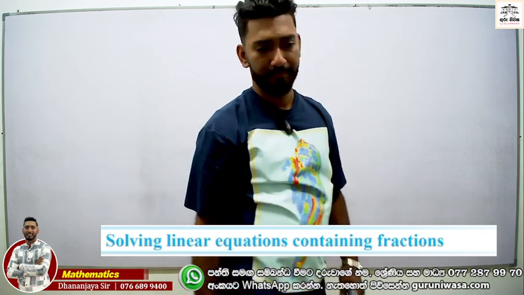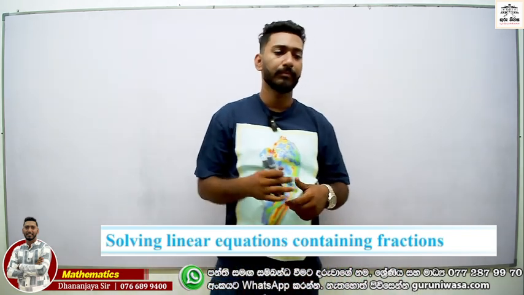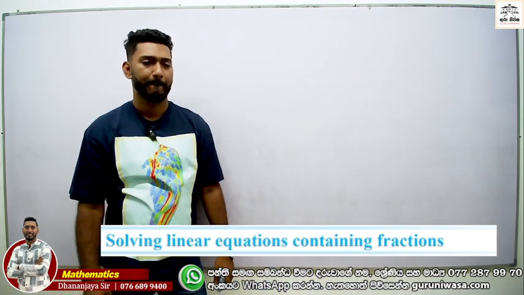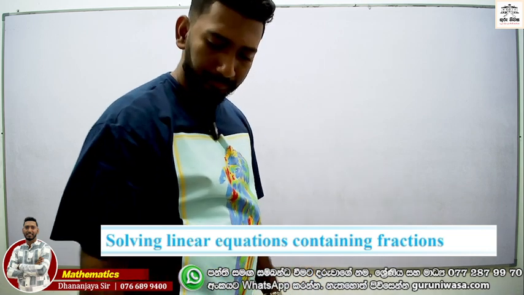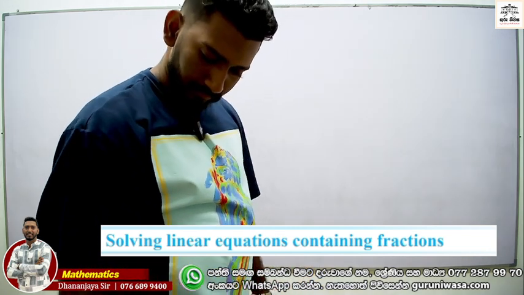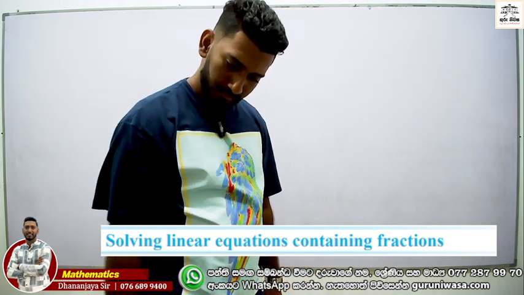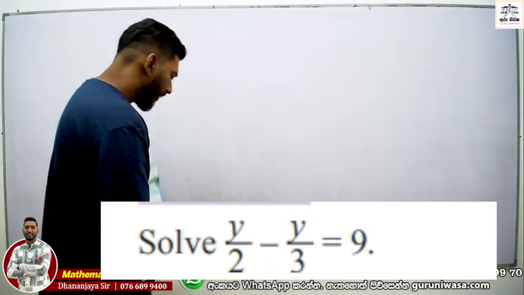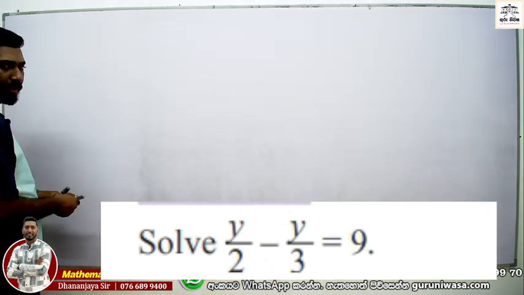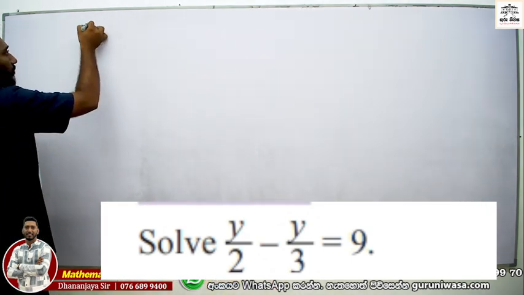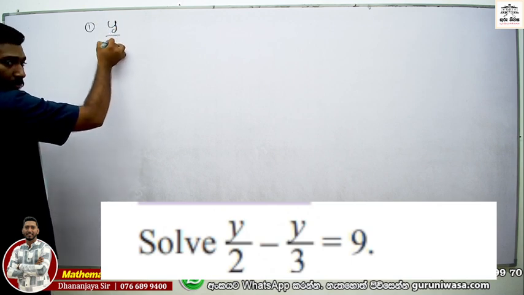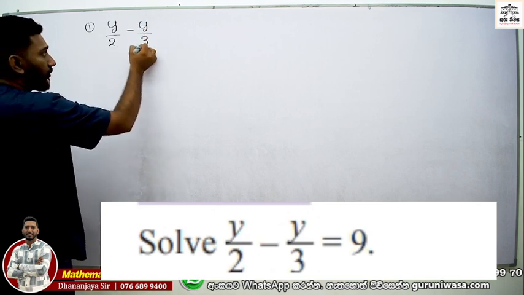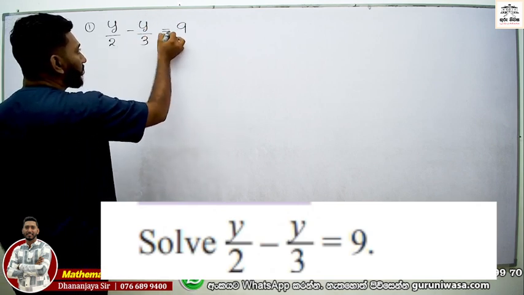Right. And this is example number 1. y over 2 minus y over 3 equals to the 9.